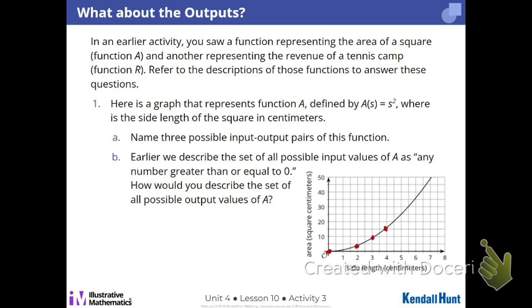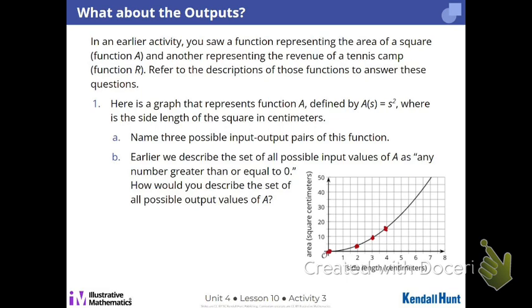The reason this is connected, continuous, is we can have fraction and decimal side lengths of a square. So that's a continuous graph. All right? And who can give me a statement then that would tell us, if all of our inputs are 0 and everything greater, what could you say about the outputs or the y values? What do you notice, Finn?